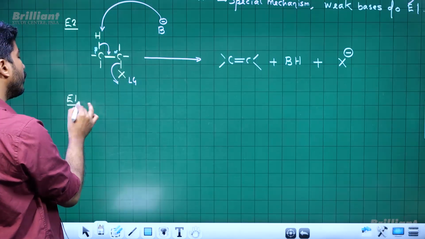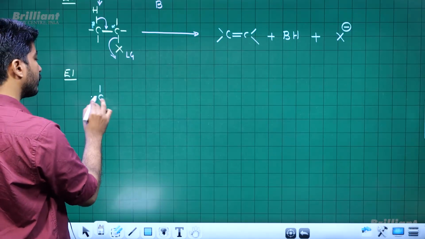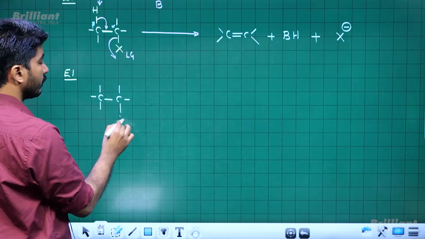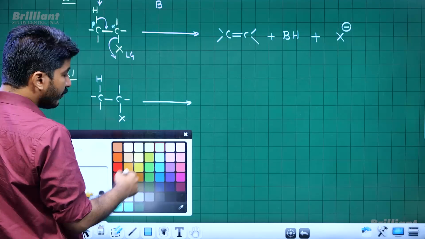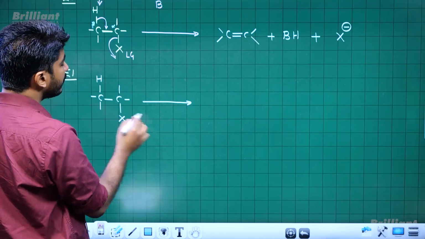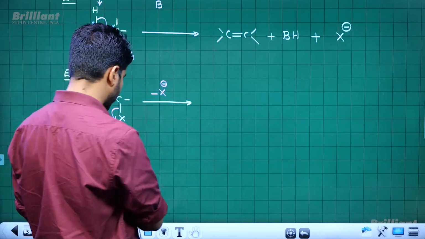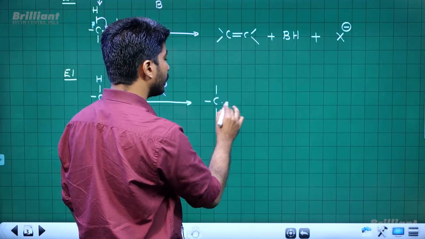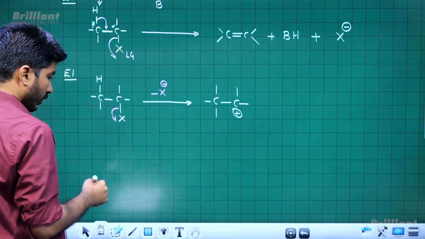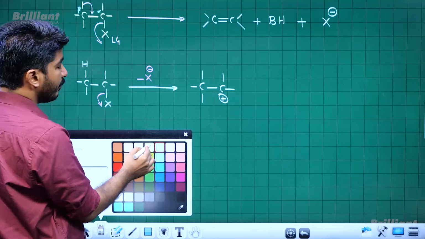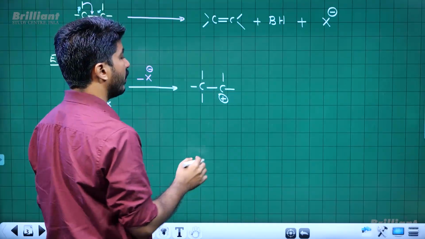And if the elimination occurs by E1, then X leaves first, like in SN1. So the first step is similar to SN1. The halogen leaves and we get a carbocation intermediate. Thus, this is also promoted by a polar protic solvent, and C plus forms.